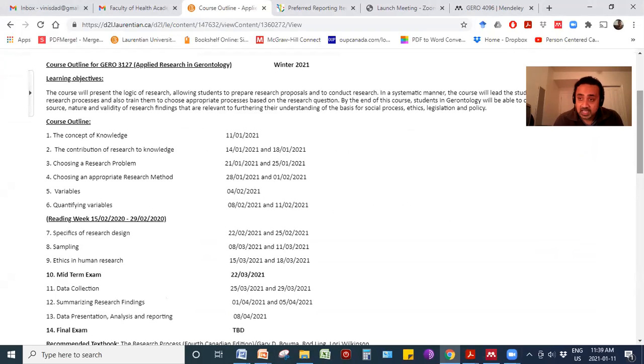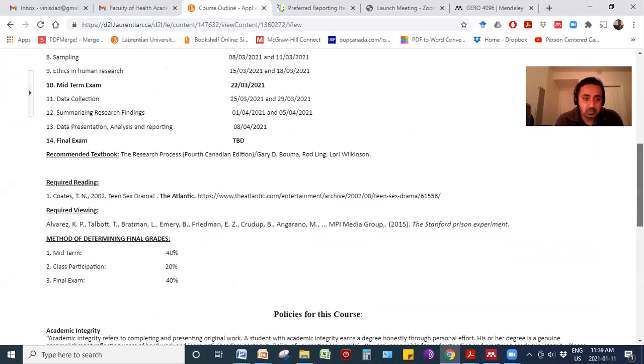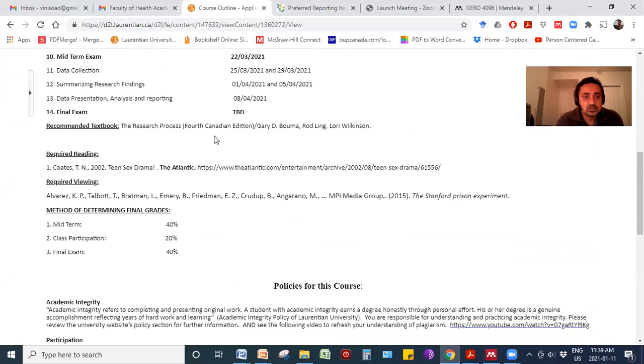The course outline is specified lecture by lecture as to what we're doing. It follows your textbook. Your textbook is at the bottom here. It tells you the research process, 4th edition, and it tells you the name of the authors. This is from Oxford University Press. If you have any difficulty finding the textbook, send me an email and I can help you further, but you should not have too much difficulty finding it. Again, this is on D2L. You can just go on D2L and find it.